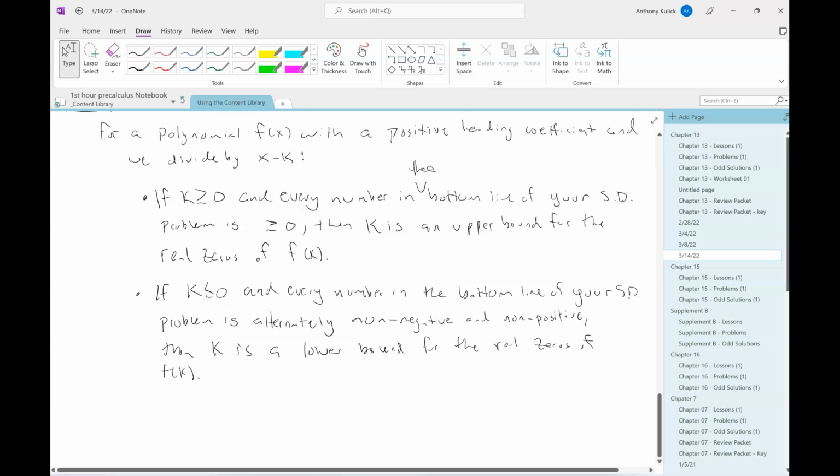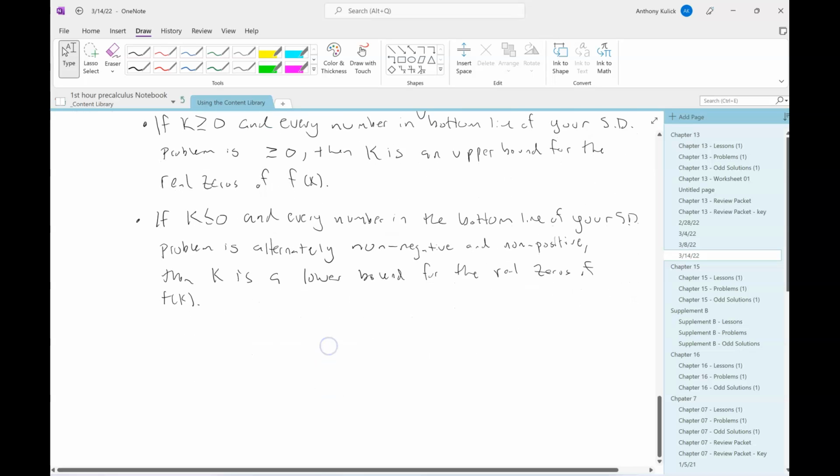If we're going to go searching for one of these irrational zeros, this theorem tells us it can only be between these two values, and then you have a much smaller search space. Let's do an example of how we can use this.